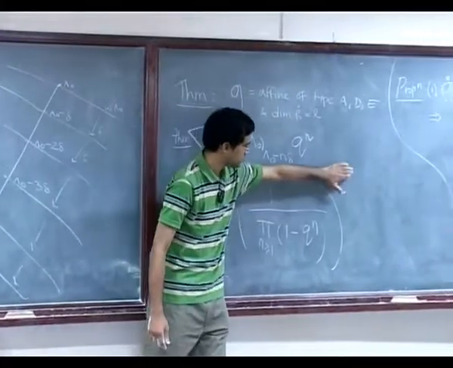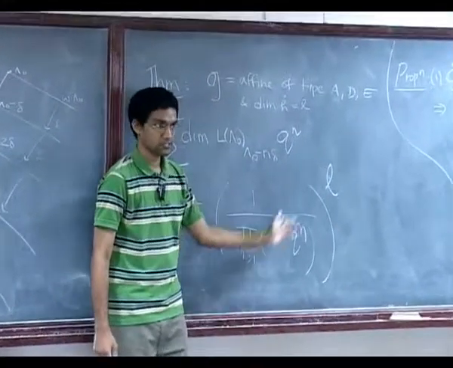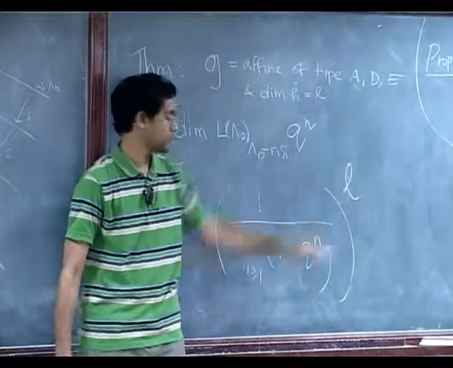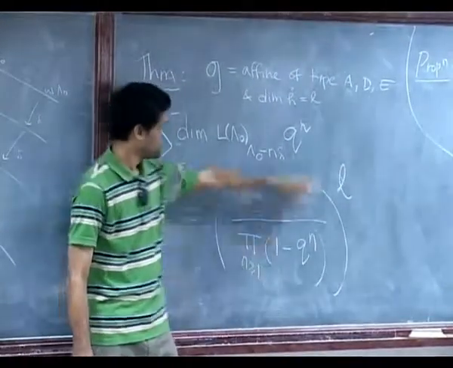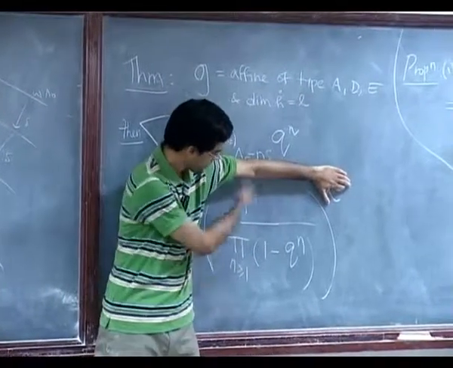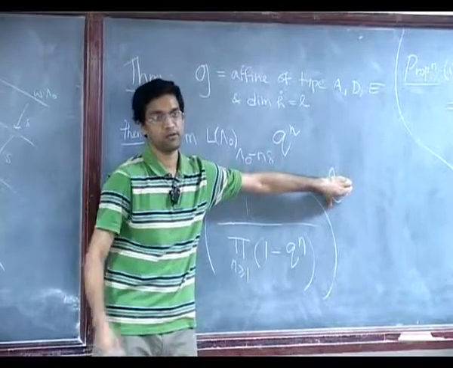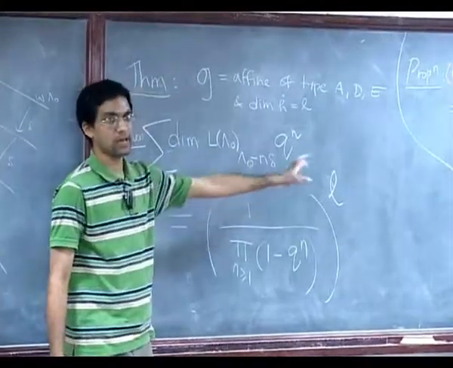If you remember, if L is 1, for example, the coefficients in this expansion are just the number of partitions of n, from the product of 1 minus q to the n. That is one of the examples we had. If you expand this in power series, the coefficient of q to the n is p of n, the number of partitions. This is sometimes what is called the number of partitions into L colors.